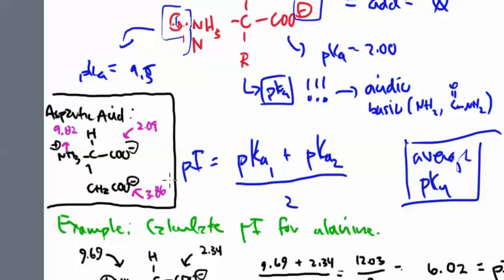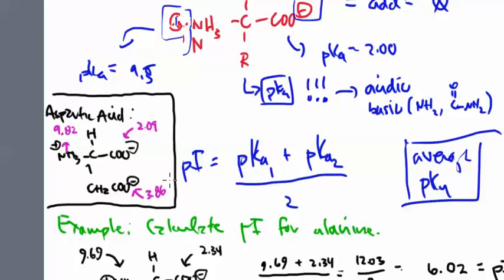You do not, and I repeat, you do not take all three of these values and average them. That is not what you do. What you do is you take a look at your choices that are given to you on the sheet of paper, and you take the ones that are the closest in value, and you average only those two. So you still average only 2 points. That is it.